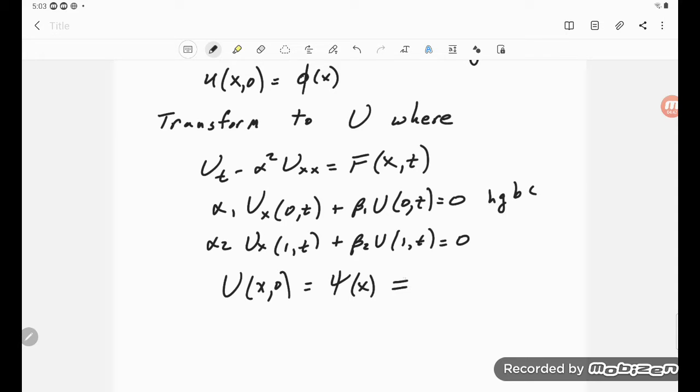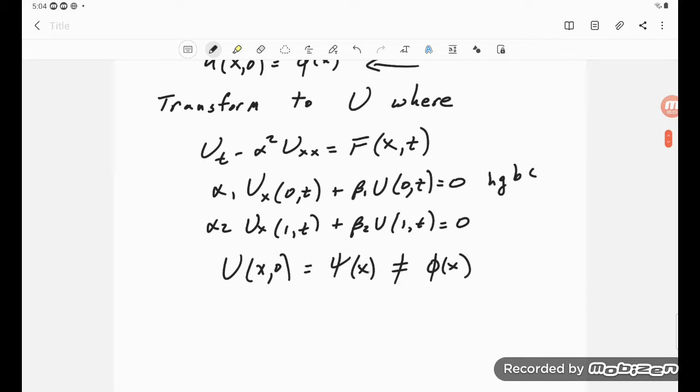Okay, so see, this is not the same as phi of x. I don't have a note in my book that they screwed that up, so that must be the first time I've noticed it, I suppose. But you will see right away that the new initial condition is definitely not the old initial condition. Okay, so that's the idea.